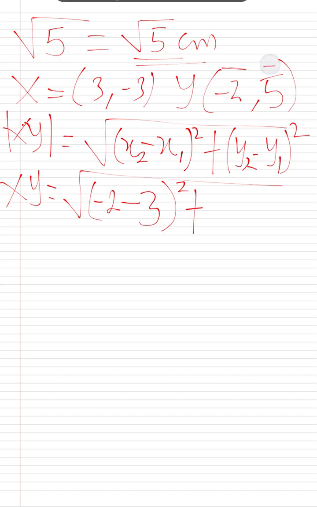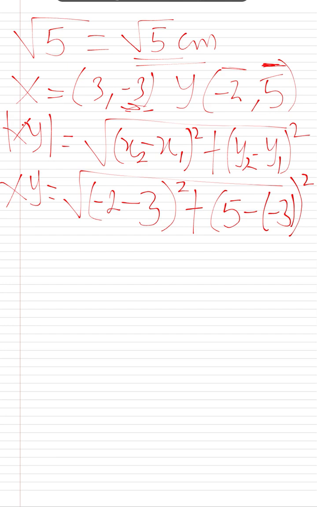Our y2 is 5. Are you seeing that? So that's 5 minus our y1. Y1 is minus 3. So you have to put it in bracket, minus 3, then all squared. The reason why you have to put that in bracket is because if you don't put it in bracket, it will affect your answer. Are you getting that now?